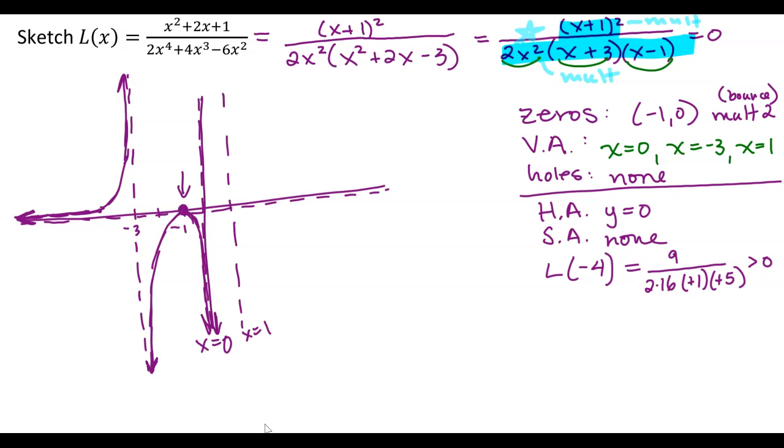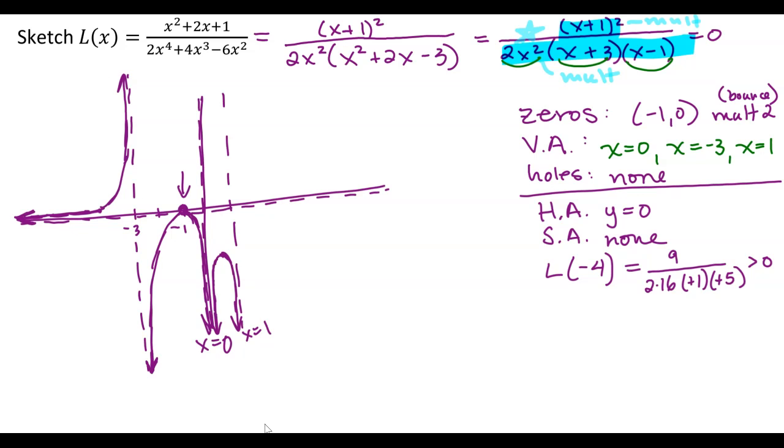So even powers for those asymptotes mean that you will mirror the direction on the two sides of the asymptote. And I'm going to head up for a little bit, but I don't get to cross the axis. My next piece of local behavior is actually another asymptote, and since I'm not allowed to touch the axis, I'll have to just turn around and head back down before I even get there.